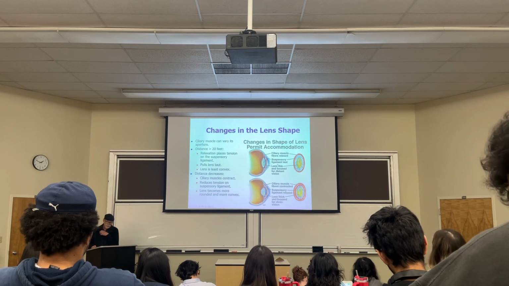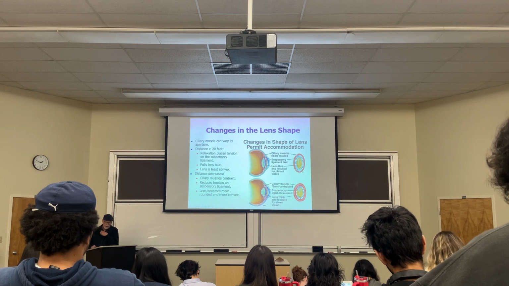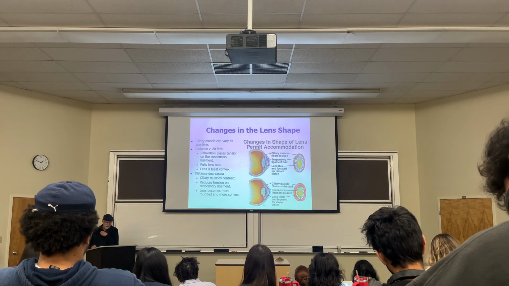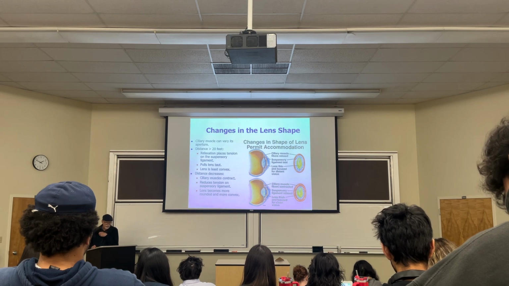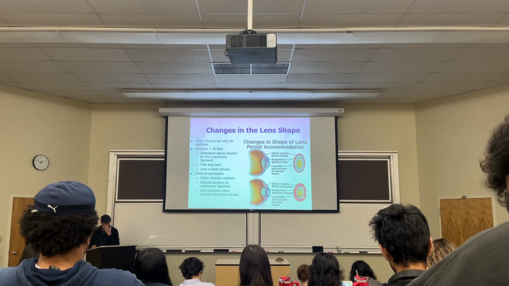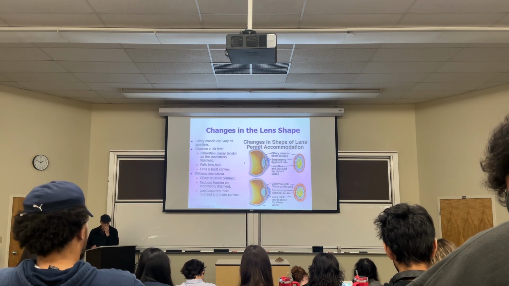Here it is with the ciliary muscle relaxed. The lens is in its flattened orientation. We would want this orientation when we're looking at a distant object, because we don't want to bend the light very much if we're looking at something far away.